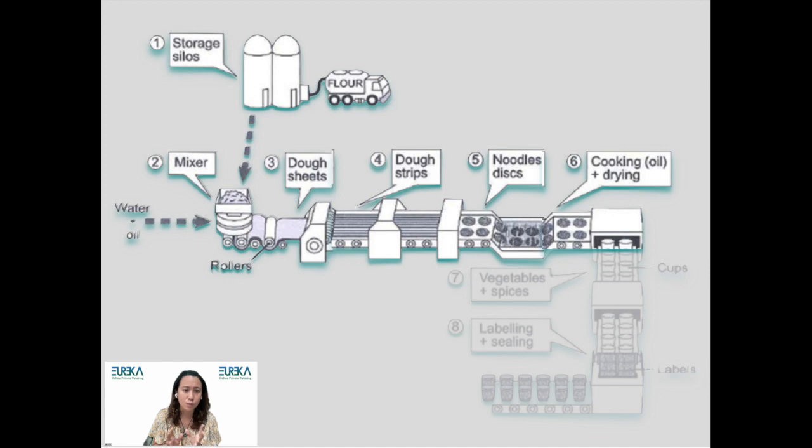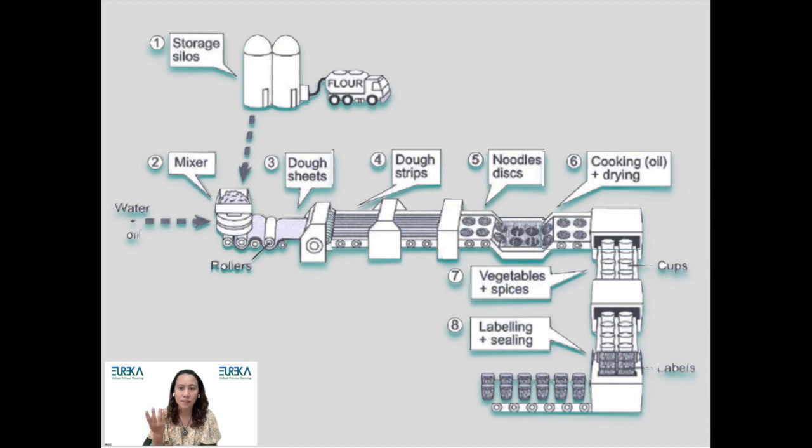So we make the noodles dry and put them in cups. After that, vegetables and spices are added, and the last stage will be labeling and sealing. And our final product, instant noodles, will be ready. So that's how we are going to write this diagram.